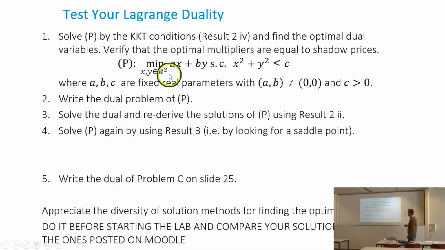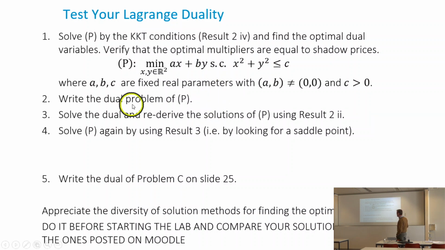So for this problem, I will ask you to solve it exactly, because that's a problem that's easy to solve. So if you can solve it exactly and find the optimal dual variables by simply looking at the definition of the problem. You write the dual problem, you write the optimal problem, and you find them exactly.